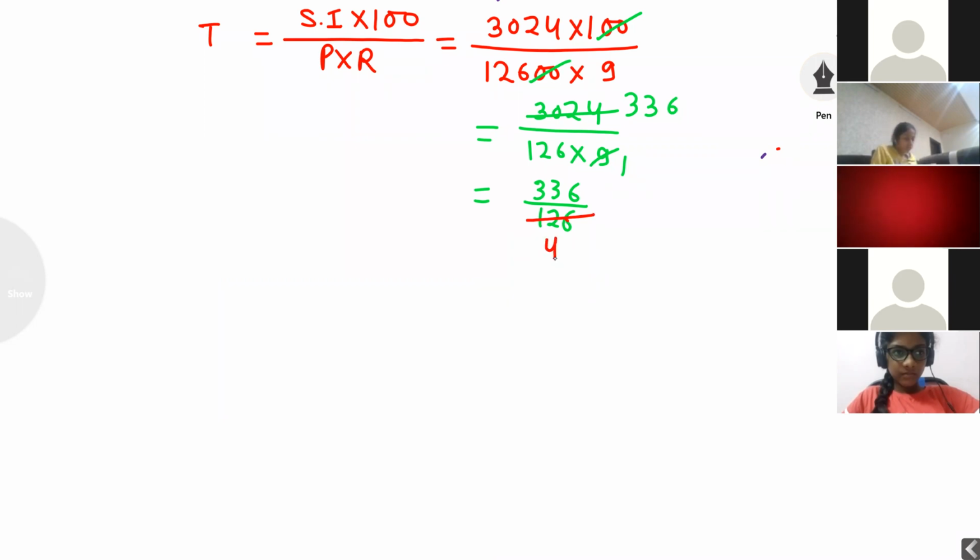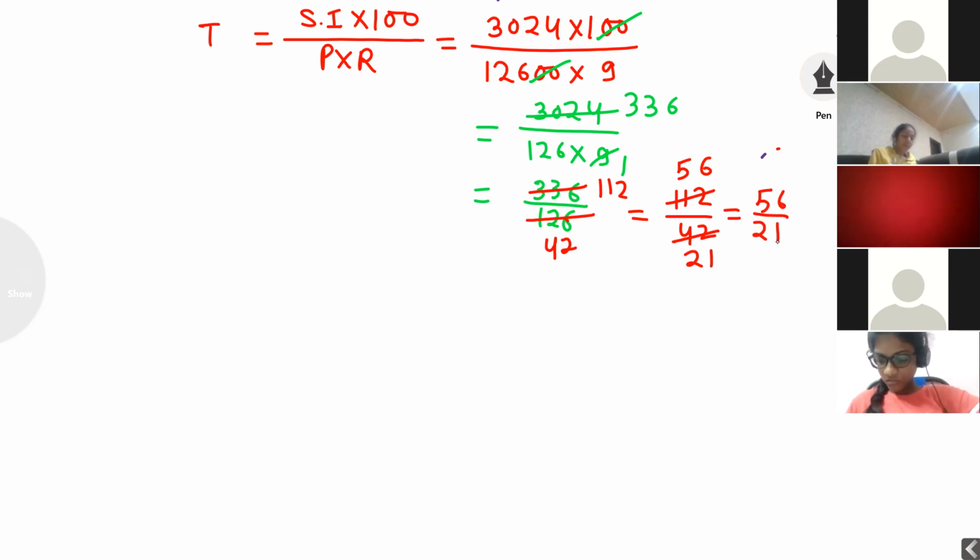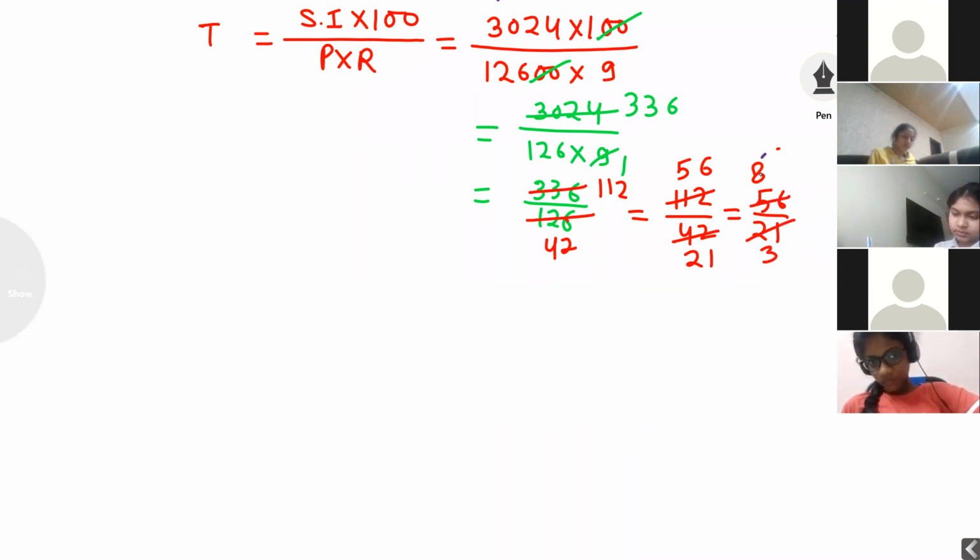Next, 3 2s are 6. 112 divided by 42. Divide by 2. Divide by 3 also? No, both digits are not divisible by 3. Divide by 2. 2 5s are 10. Next, 2 6s are 12. 2 2s are 4. 2 1s are 2. 56 by 21. Next, 7. 7 3s are 21. 7 8s are 56. Answer is 8 by 3.